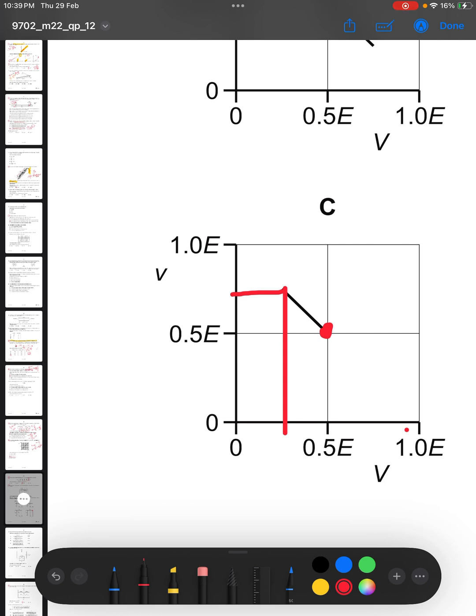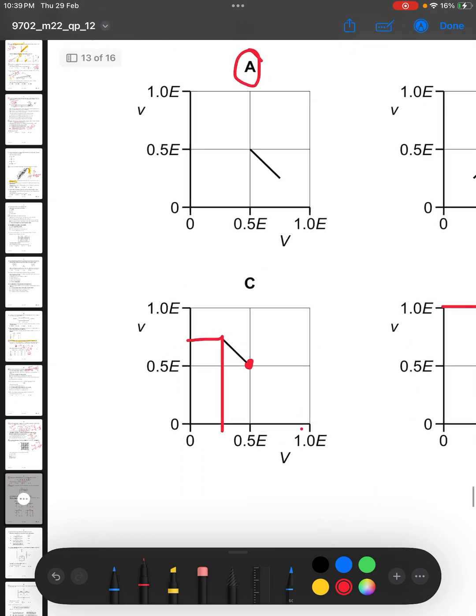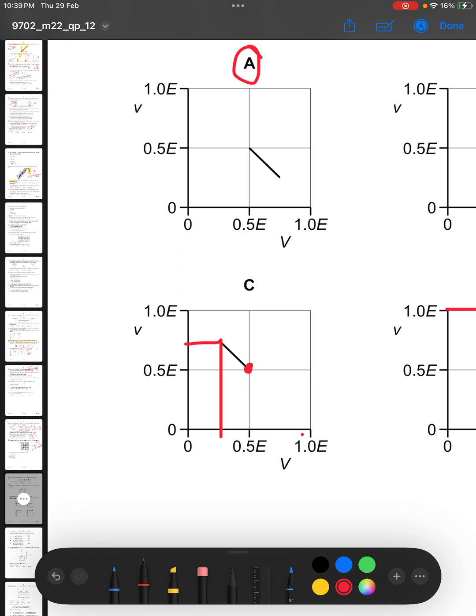Okay, but we'll come back there, because it will probably add up to E, because this would be maybe 0.75 E and this would be 0.25 E, they will add up to E.